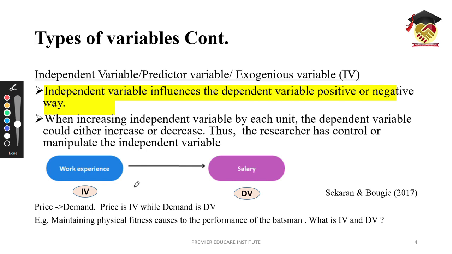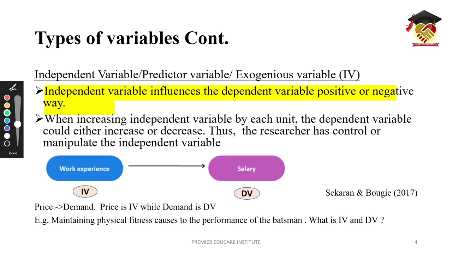My research interest is my dependent variable. The factors affecting are called the independent variable. Now you understand this simple model. This is a very, very simple model. Other than this work experience, there are so many factors that you have to select, that you have to identify. This is just for the simplicity of the explanation.